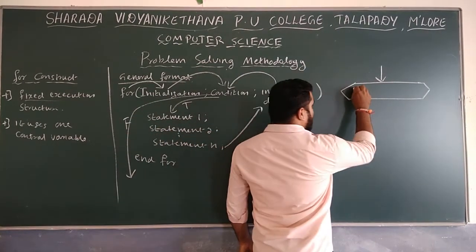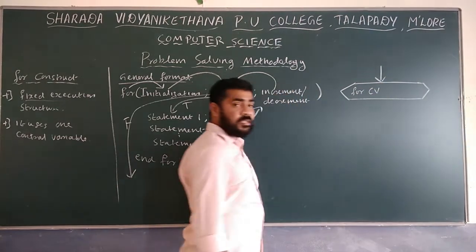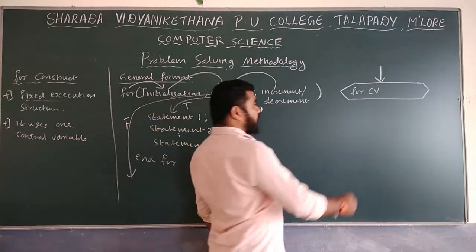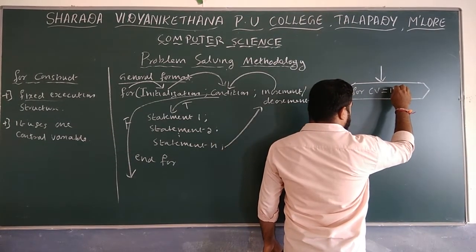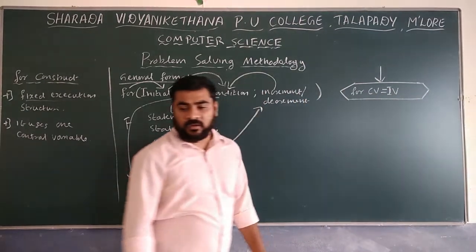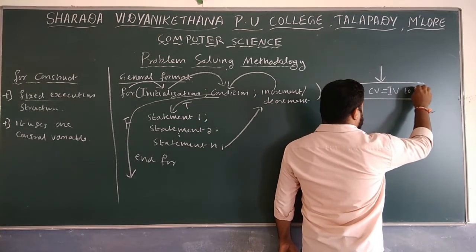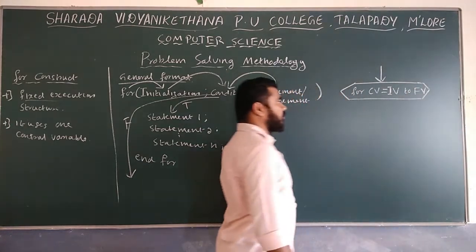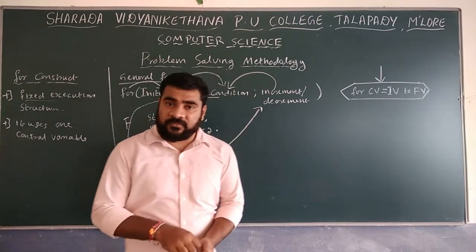Now we can write: for control variable, CV means control variable, from initial value to final value.